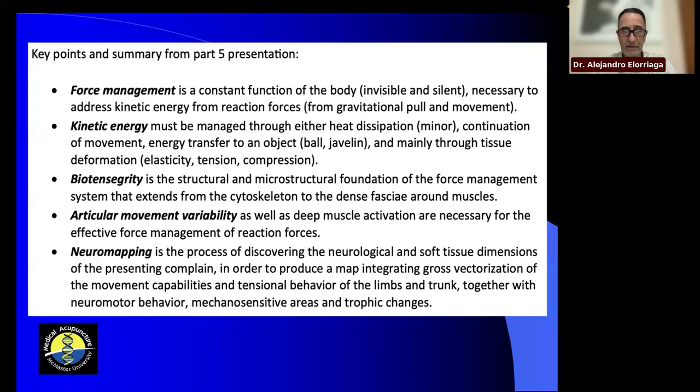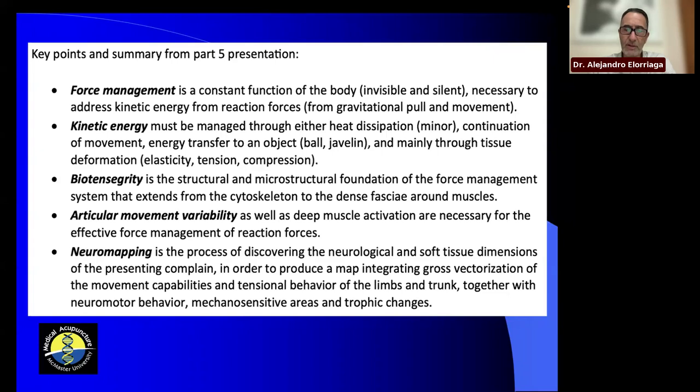And I explained briefly the process of neuromapping as the discovery of neurological and soft tissue dimensions of the complaint in order to produce a map that will integrate gross vectorization, meaning simply understanding which directions in the force handling are mostly not doing their job, and that's why certain tissues get overloaded.